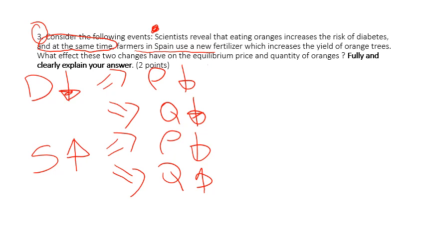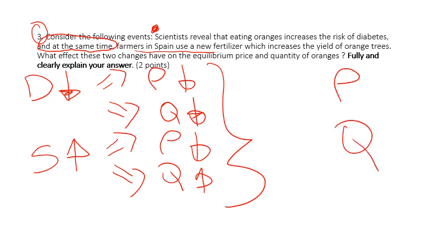All right? And now what we have to do is figure out what the net effect is, the combined effect of these two events. The first one, the demand event, and the second one, the supply event. So we want to know what happens to price and what happens to quantity. Now, mind you, we are not told which event is stronger or whether they are of equal power.